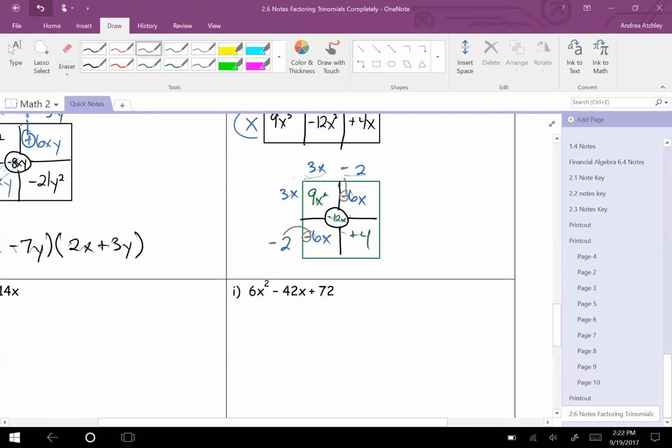I can't forget about my x that I factored out way at the beginning. So my factors are x times 3x minus 2, and then times 3x minus 2. Or they may write it as x times 3x minus 2, since they match exactly, squared.